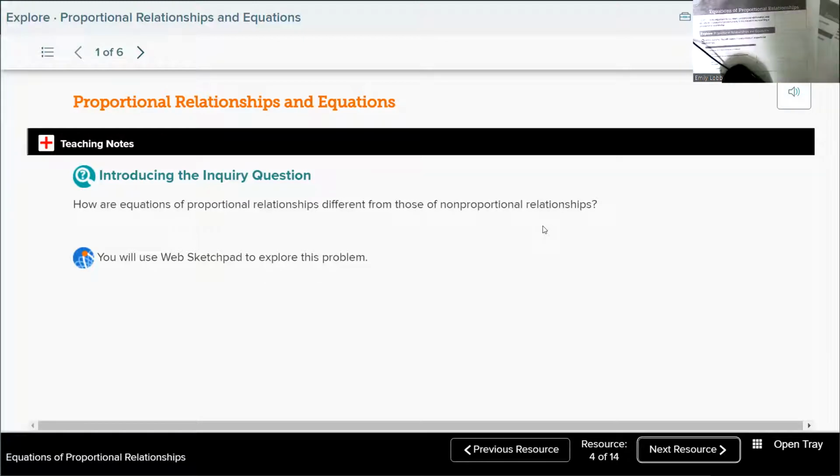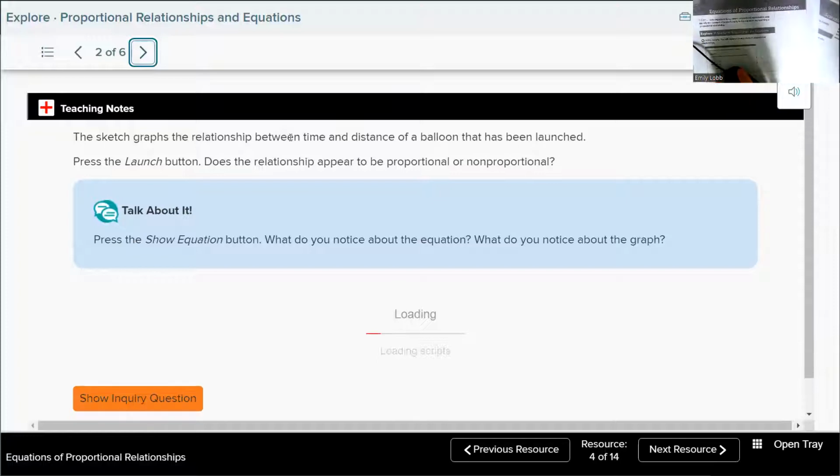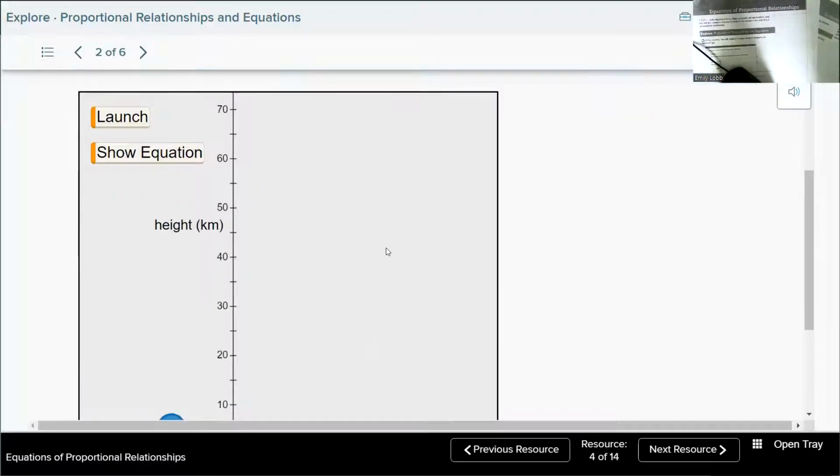They added on a fee. So will we see addition in our proportional relationship? No, we won't. But with our non-proportional, we probably will. Don't you agree? Totally. All right, so let's click this launch.